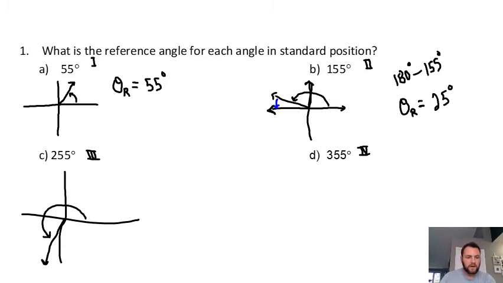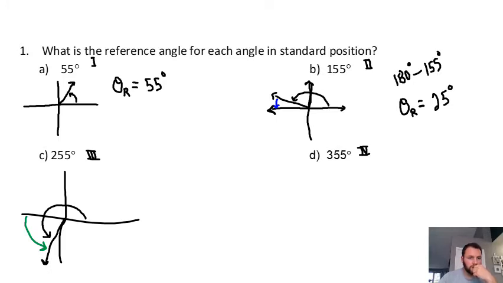I'm only thinking about the closest x-axis when I'm thinking about my reference angle. So my reference angle is going to be this angle here, from the closest x-axis to my terminal arm. And again, it's hard to tell exactly what that is by guessing.